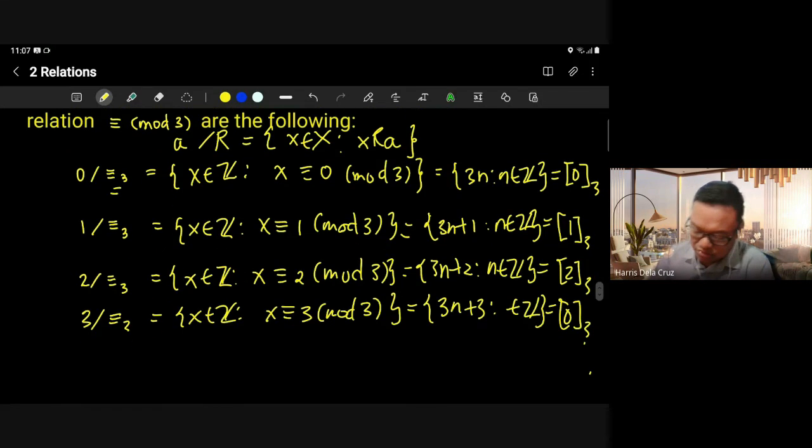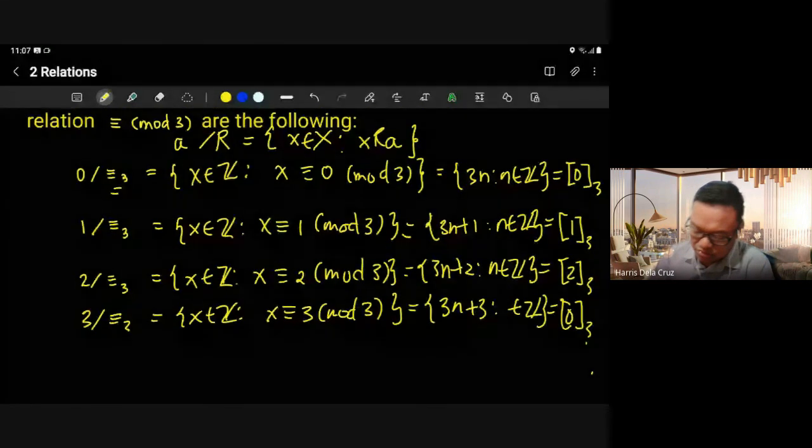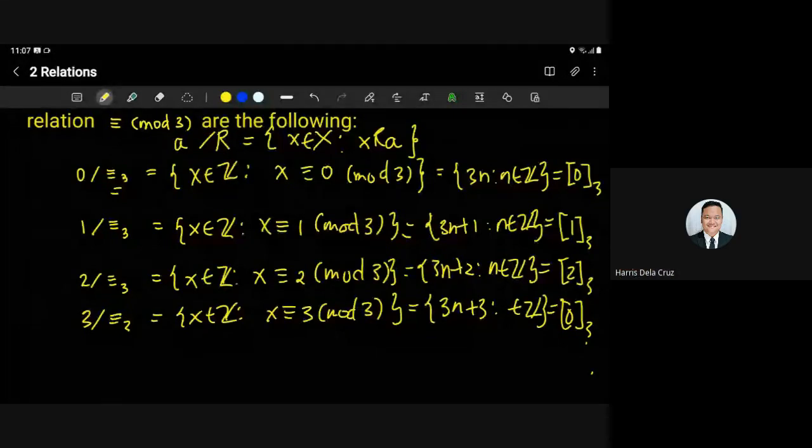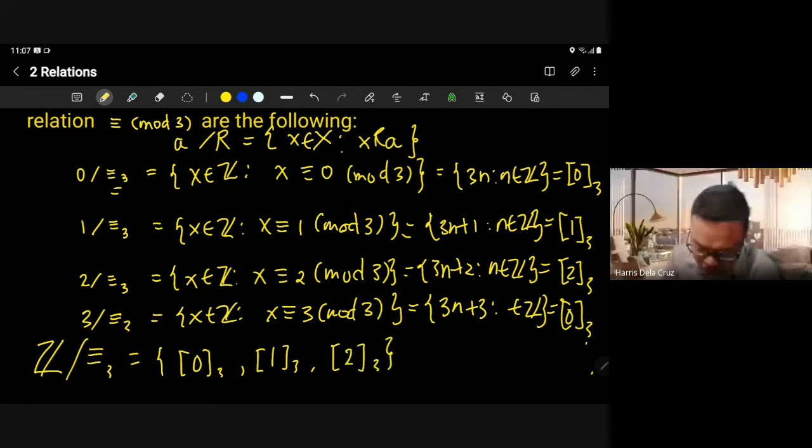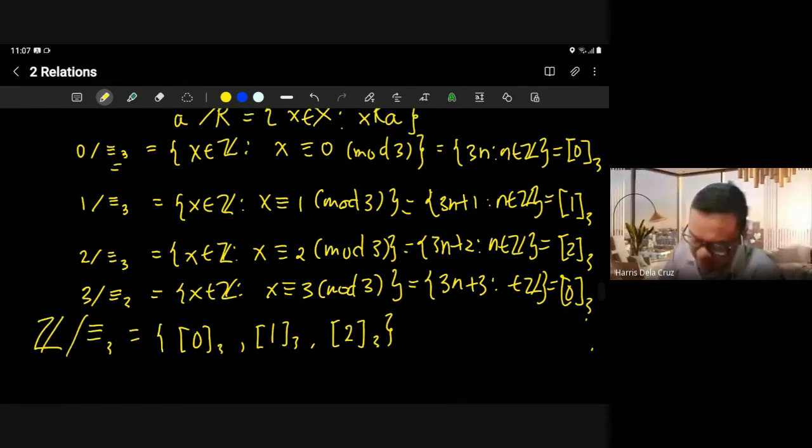Ano-ano yon? So, yung tatlong distinct equivalence classes modulo 3 of Z in this case, over the modular relation.